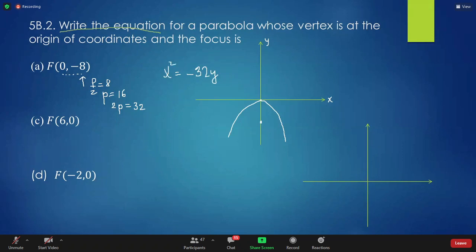Because if we have p/2 from the focus, we know where the focus should be. We can deduce in which direction the parabola opens, so we can actually very quickly find 2p. You could also do a shortcut. Of course, you can understand that you have to multiply this by 4.